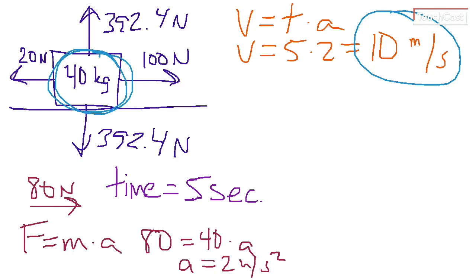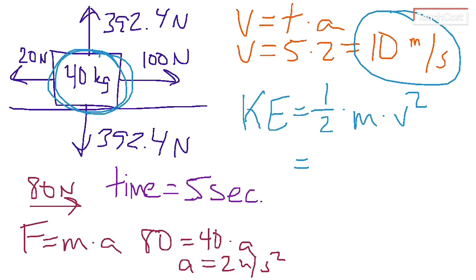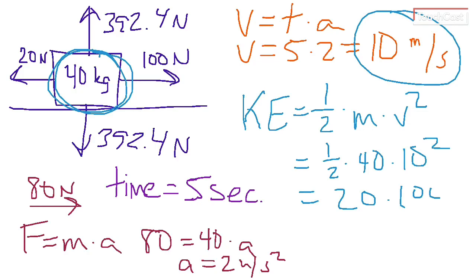I still have the mass of the object, and those are what I need to solve for kinetic energy: 1/2 mass times velocity squared. If I simplify that, I have 20 times 100, and so my final kinetic energy is 2,000 joules.